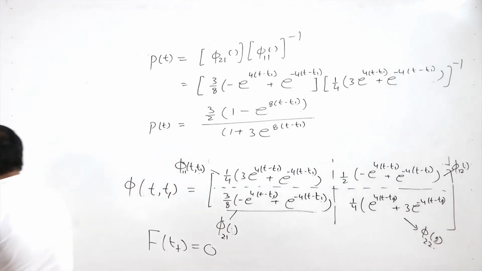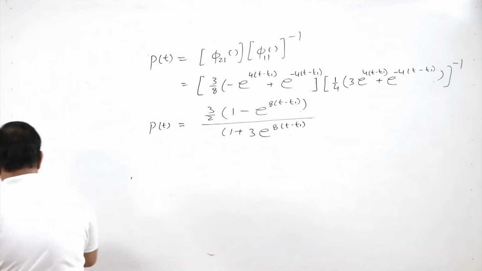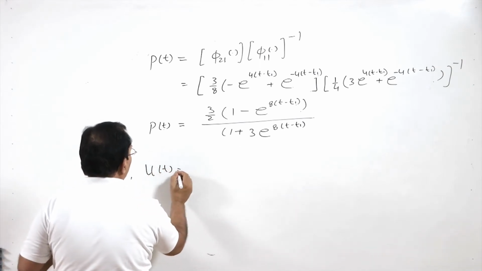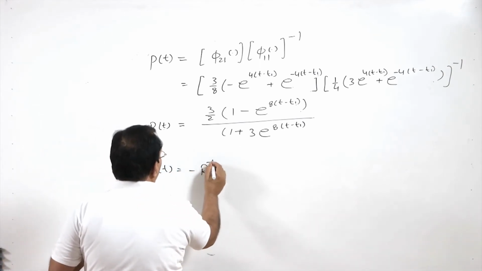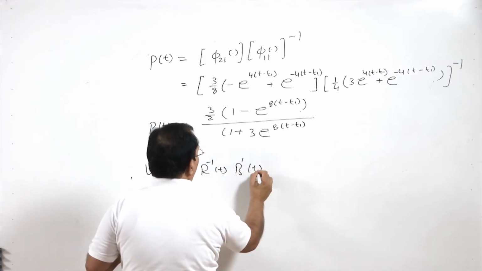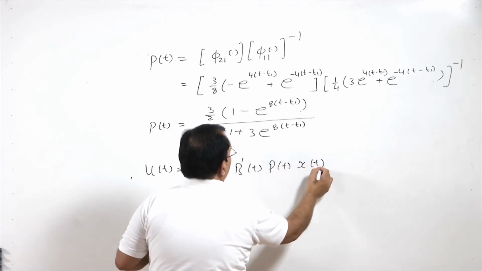If P(t) is known, I can directly write what my u(t) is. This is minus R inverse B prime P(t) x(t).